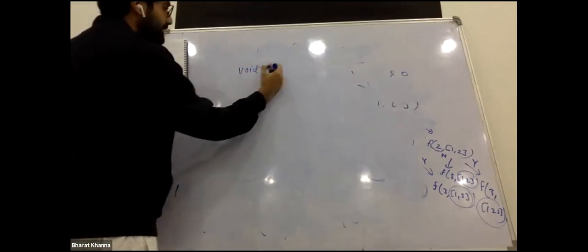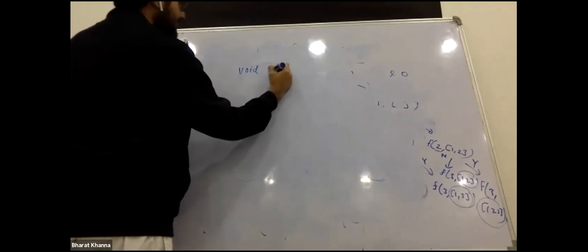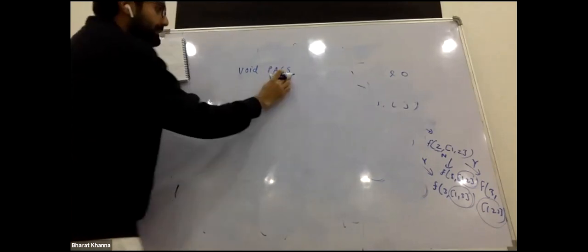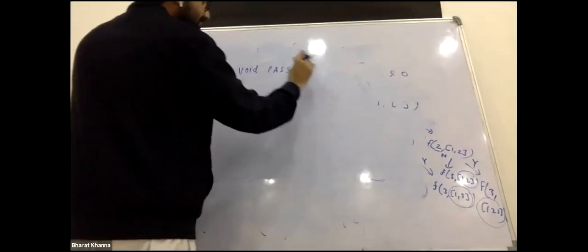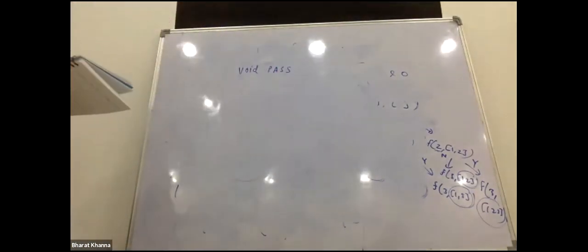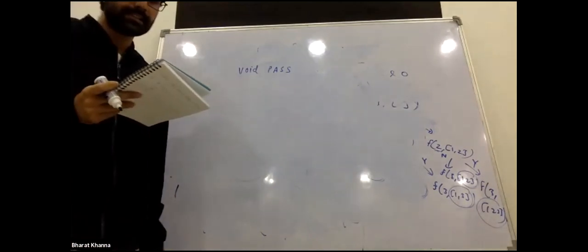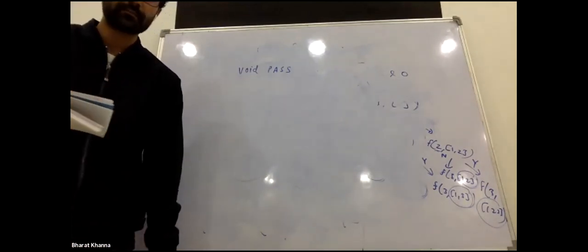So I'll call this a void function, and let me call it print all subsets. Can you tell me what are the inputs that it should take? What are the important inputs according to you that it should take?